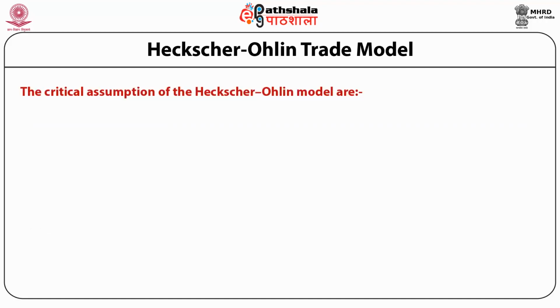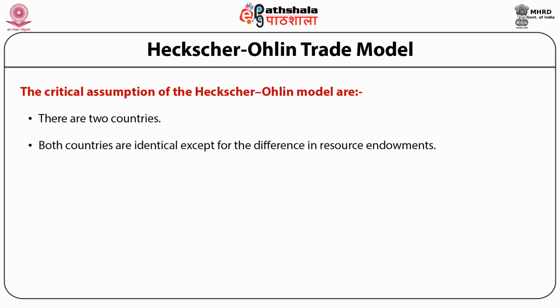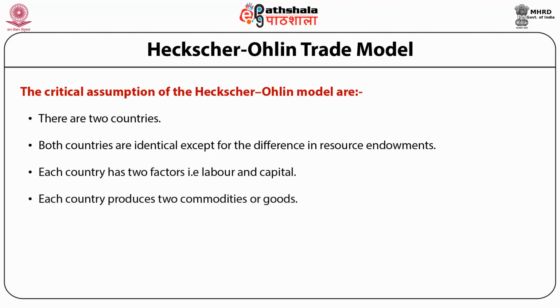The critical assumptions of this model are: there are two countries. Both countries are identical except for the difference in resource endowments. Each country has two factors, that is, labor and capital. Each country produces two commodities or goods.